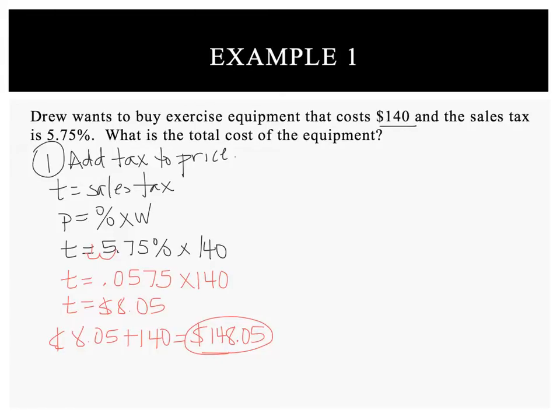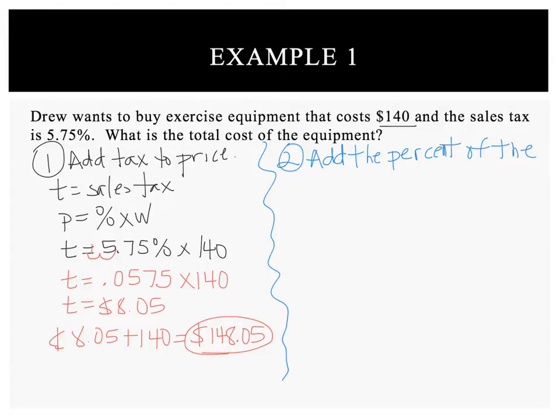Now the second way of doing it is to add, this is way 2, add the percent of the tax to 100%. And what that means is the cost is $140, right?